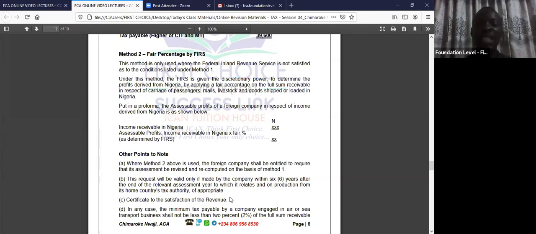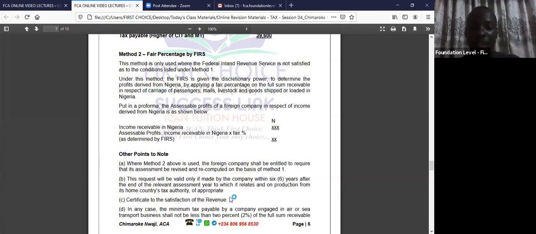And they have within 6 months after the year of the relevant assessment to make their request. So if the authorities have computed based on method 2, tell them, no, I want it on method 1, because you must have computed it that way and it is favorable to you. But FIRS is saying, no, it's favorable to us to use method 2. You have the right, but after 6 months, you lose that right.